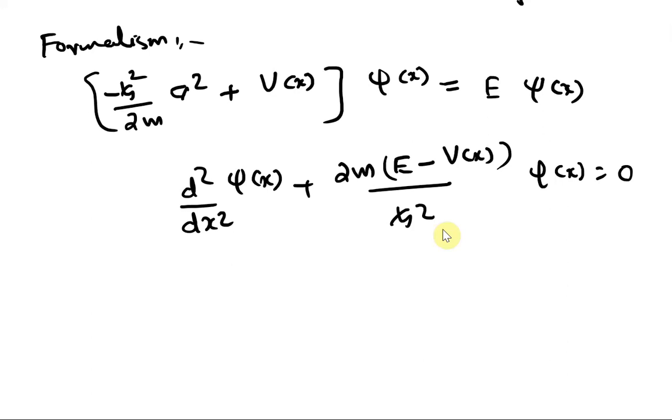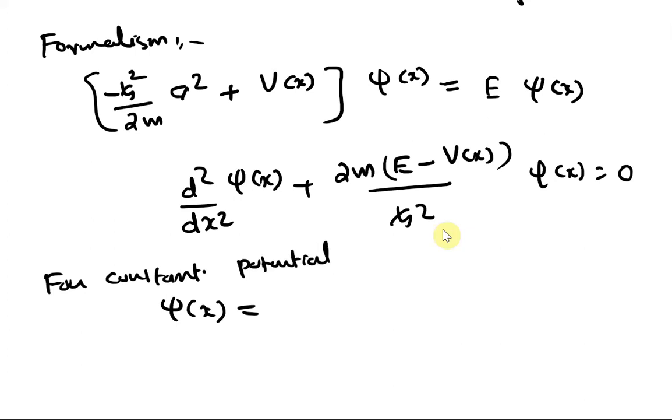So the general result for psi of x for a constant potential was something like a term A e raised to i, we have written it in terms of k by defining this as k, but right now I will write it as p by h cross.